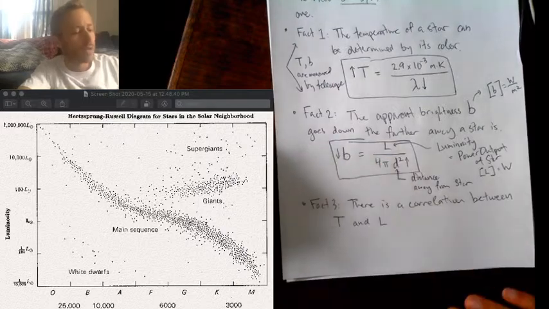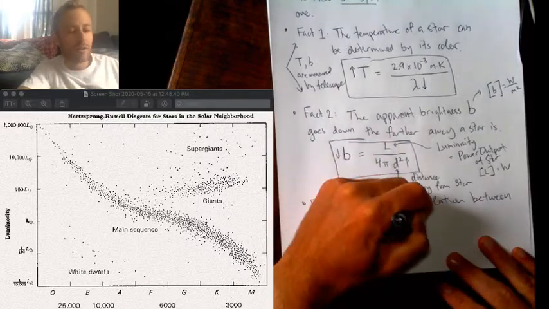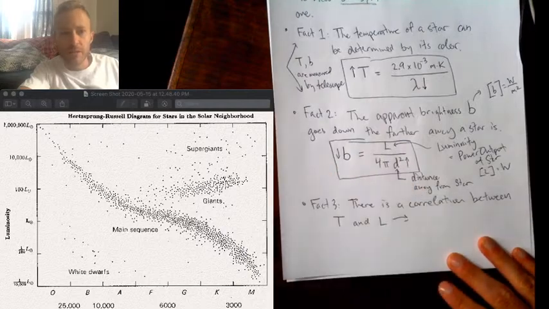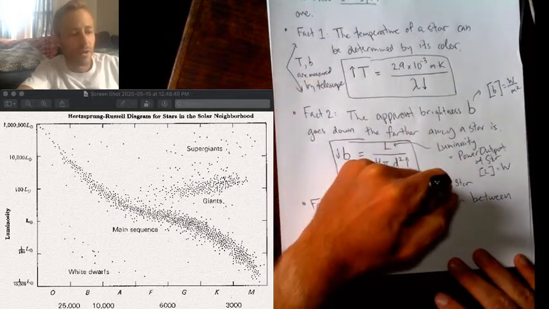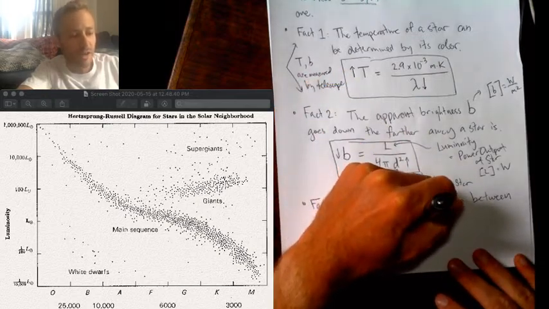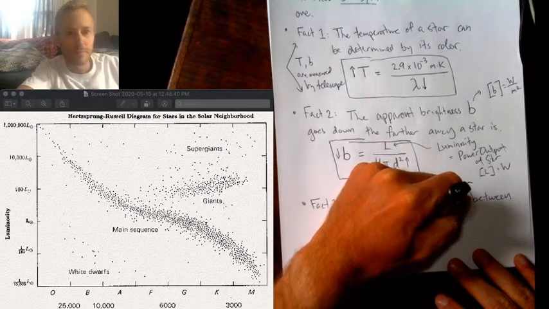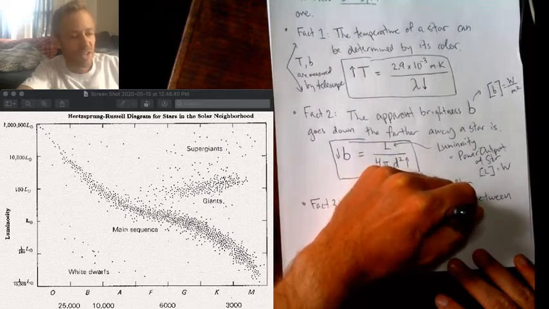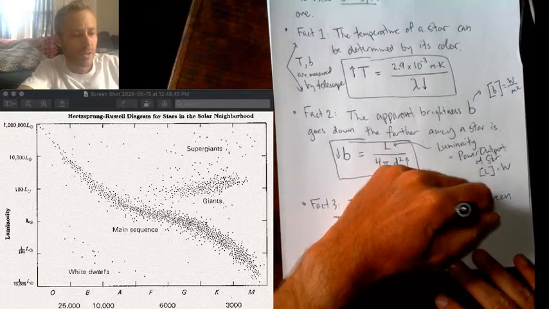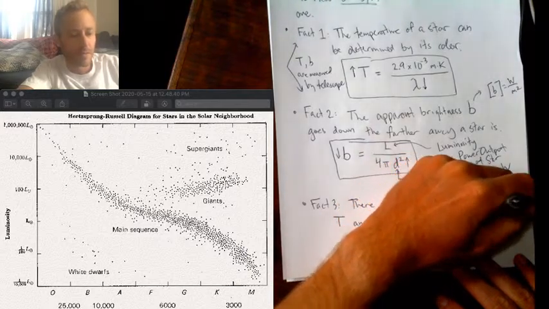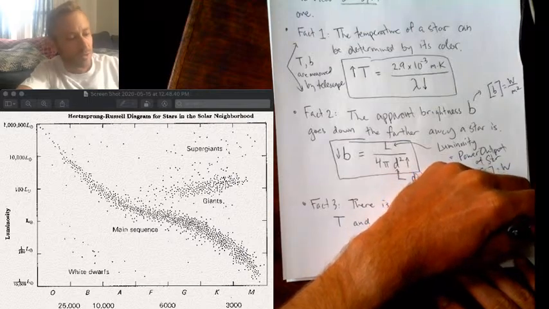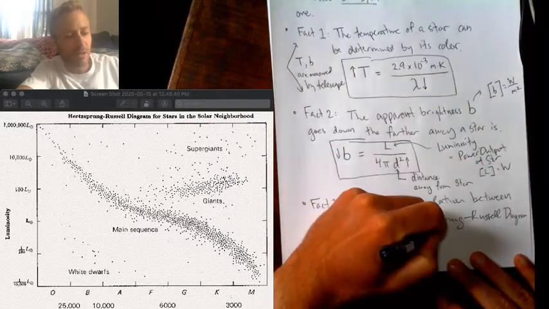And the graph expressing the correlation is called a Hertzsprung-Russell diagram, just named after two scientists. So usually this is just abbreviated as an HR diagram.